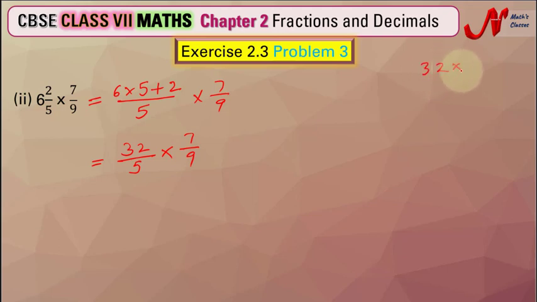Multiply 32 with 7. We get 7 2s are 14, 7 3s are 21 plus 1 is 22. So we can write 32 into 7 by 5 into 9 as 224 divided by 5 9s are 45.